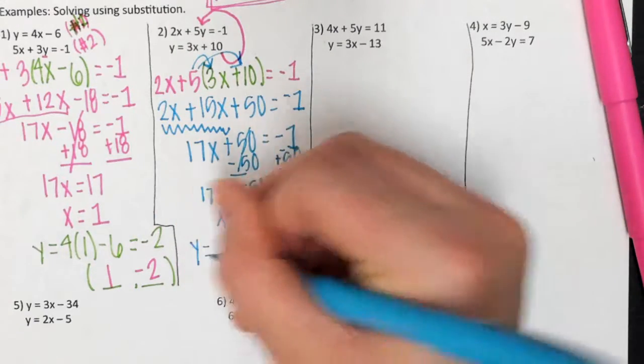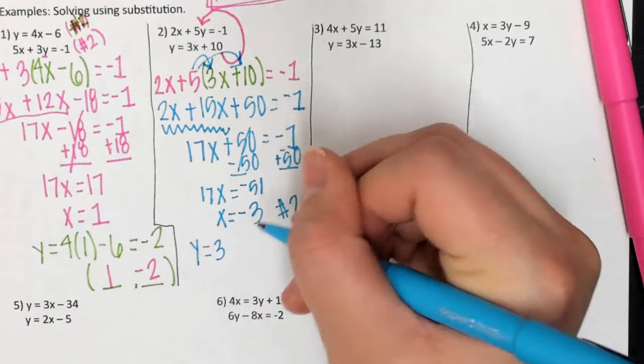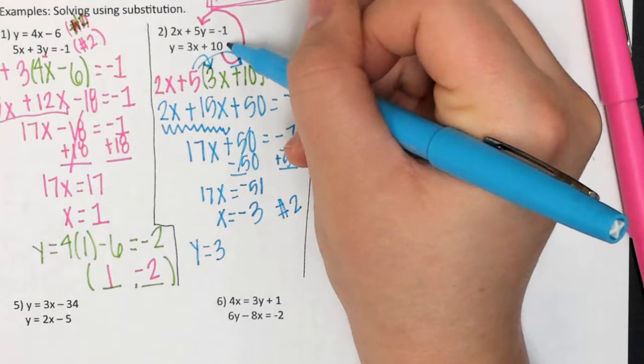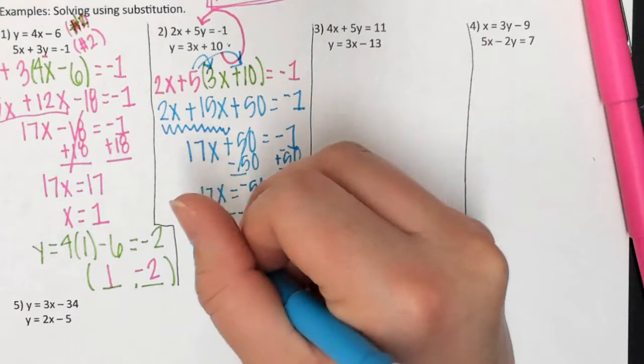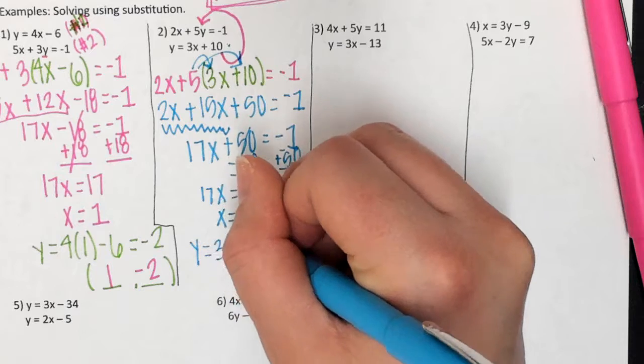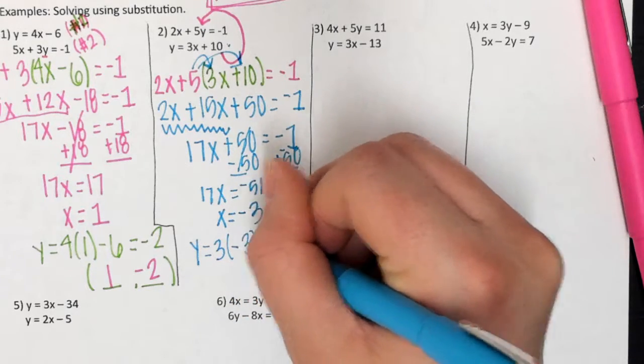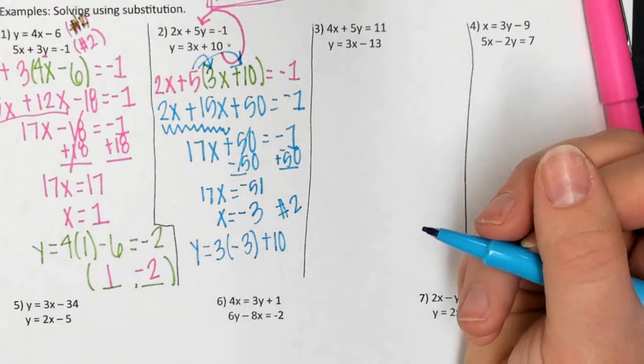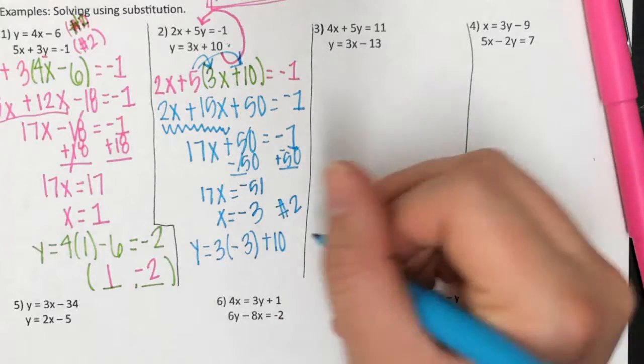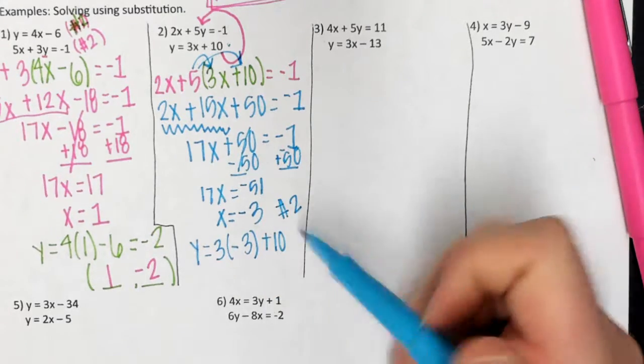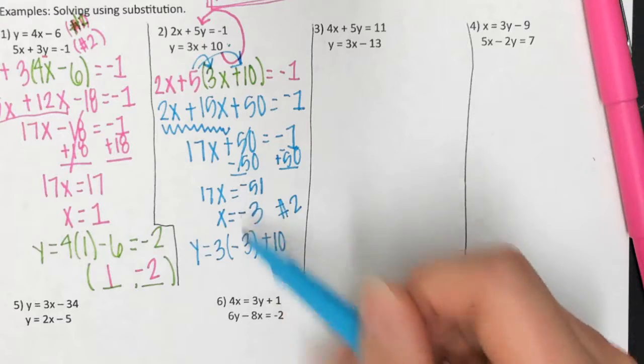So y equals 3, looking at this one right here, 3 times what? -3 plus 10. I got -3 from my x.